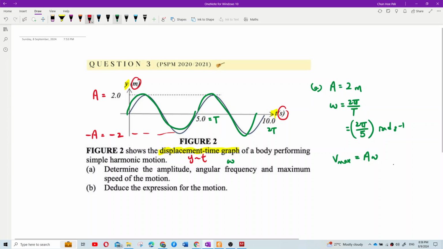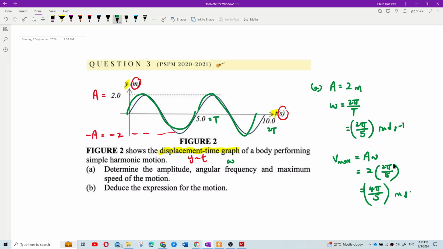A is 2, omega is 2π/5. So we get 4π/5. That's the answer. Next, deduce an expression for the motion.